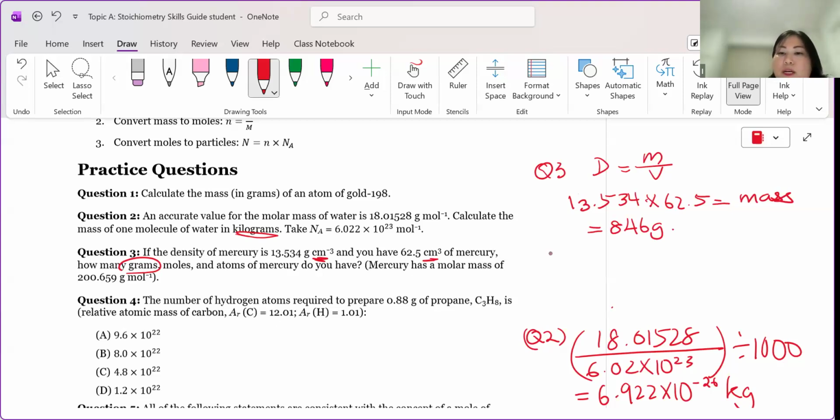So we will find the moles first using the formula moles equals mass over Mr. And mass, we have just calculated, 846, and Mr is given as 200.659. So calculating the number of moles, you'll get about 4.22 moles.